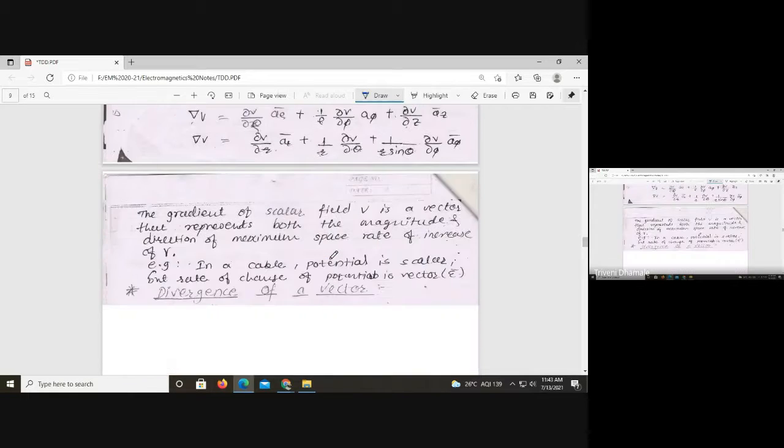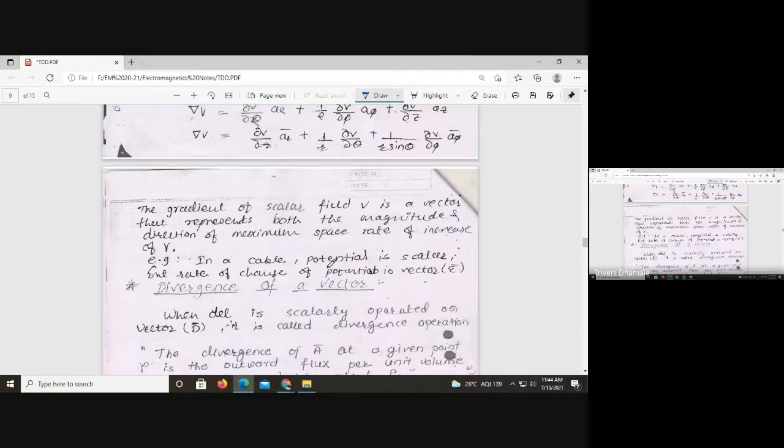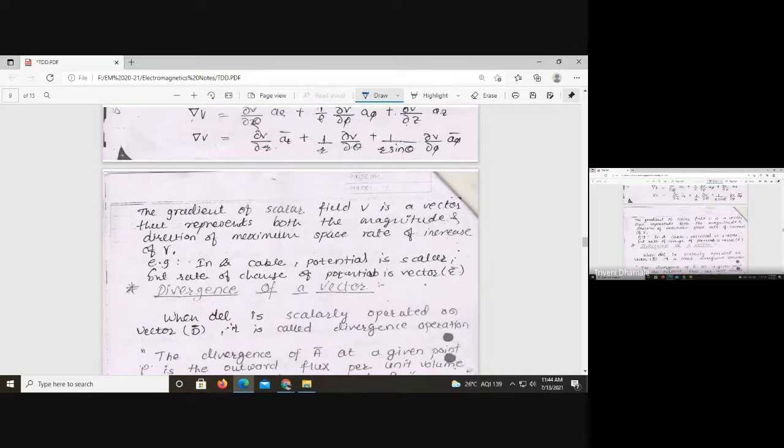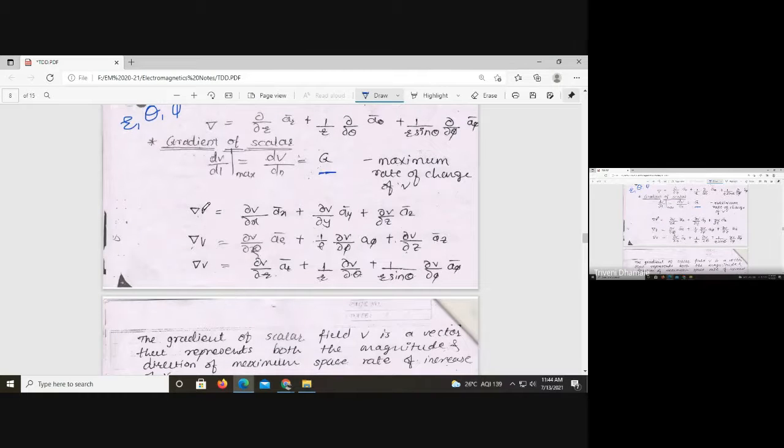So what is the practical example for that? In a cable, potential is a scalar quantity. Yes, obviously V is a scalar quantity. But the rate of change of potential is a vector, E bar, the electric field created. That's why when we apply the del operator on a scalar quantity V, the result is a vector quantity.